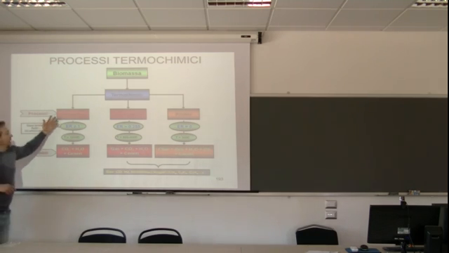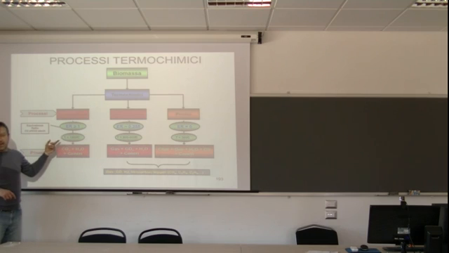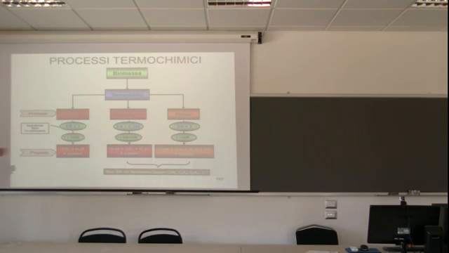You have a combustion process, so you transform all the combustible part into carbon dioxide and steam. So the temperature is very high, and in industrial processes it could reach quite 2000 degrees centigrade. And you have the final products.